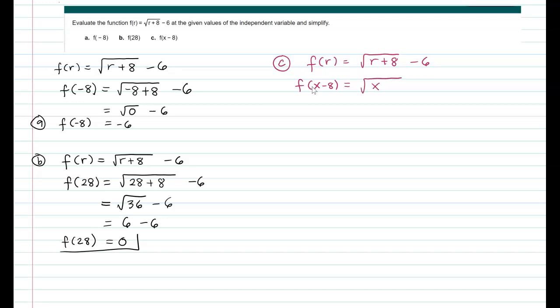So we have x minus 8 in replacement to r, and then you copy plus 8 minus 6. So this is equal to negative 8 plus 8, which is 0. So that gives us x only inside the radical sign, minus 6. So therefore, f of x minus 8 is equal to the square root of x minus 6.